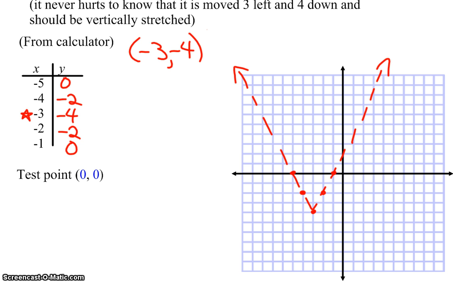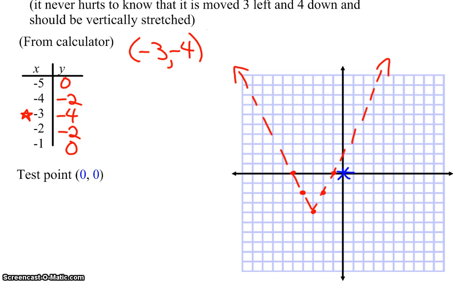Now I need to check a test point. I need to decide which side of the graph to shade. I can choose any point that is not physically on the graph itself. The graph is this V shape, so I can pick 0, 0 as a test point. The reason I like 0, 0 is because it's easy to add with, easy to multiply with.